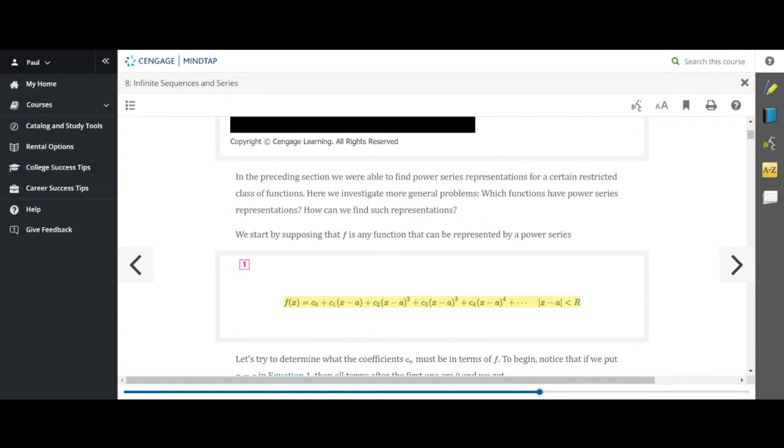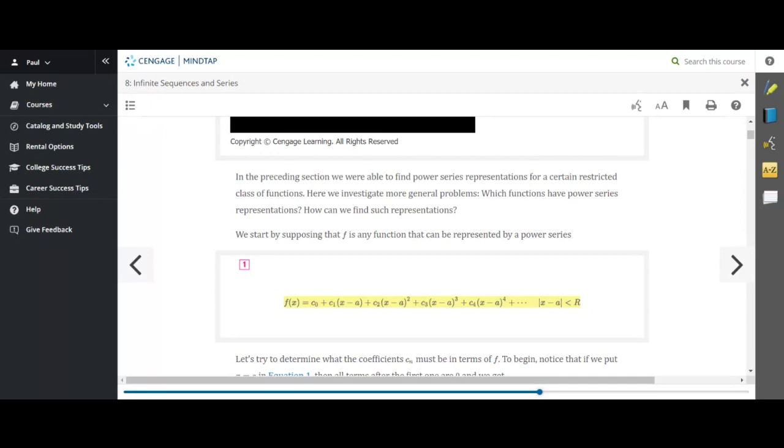Okay, so we started off in section 8.7 saying let's suppose our function can be written as a power series of this form, and then we proceeded to try to find values for the coefficients.